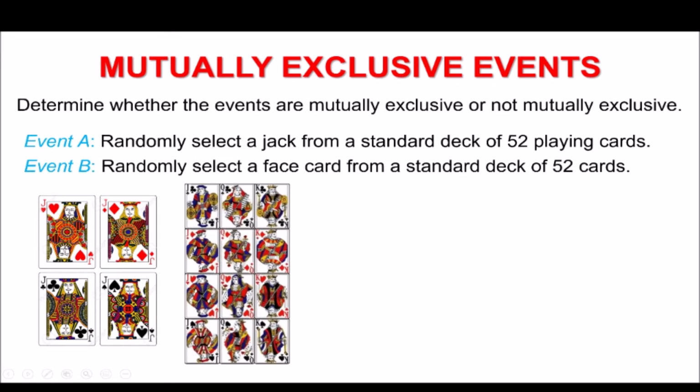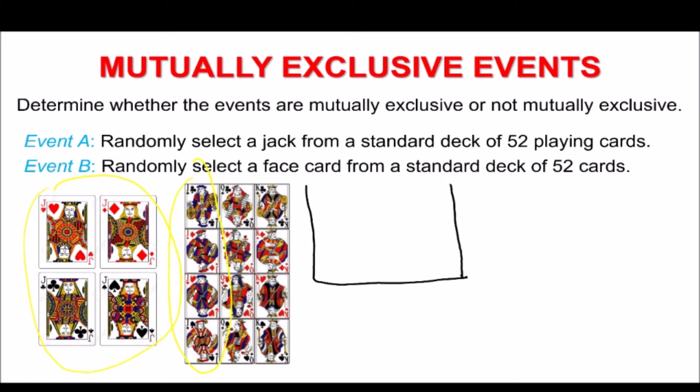In event B, Queen of Hearts, Queen of Diamonds, King of Hearts, and so on, so all the face cards in total. Now looking at the outcomes in event A, they can be found in event B, so there is a common element.